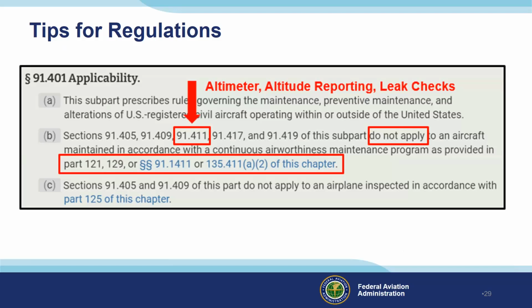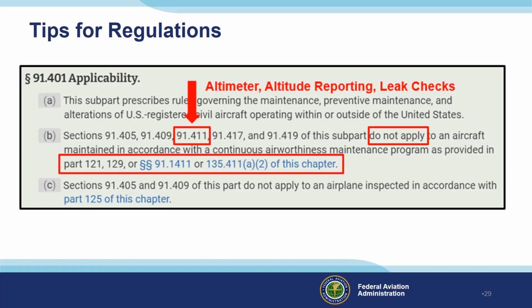The Part 91.401 applicability statement. Notice that it says 91.411, which, as you all know, is the altimeter, altitude reporting, and leak check regulation, doesn't even apply to aircraft that are operated under Part 121, 129, the 91 fractionals, or 135, 10 or more.